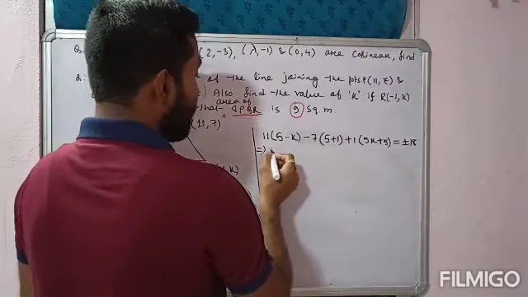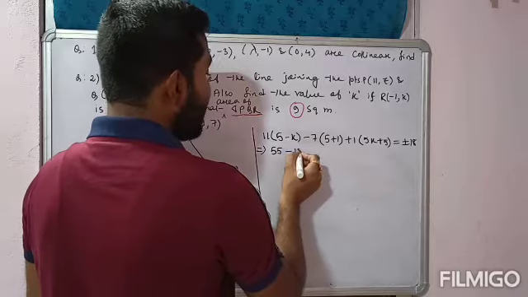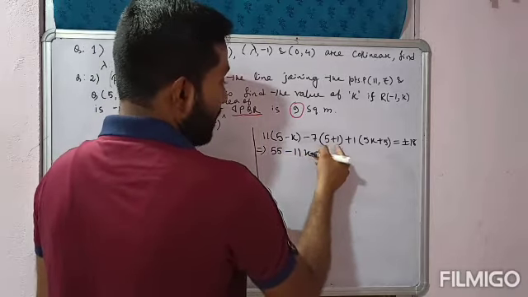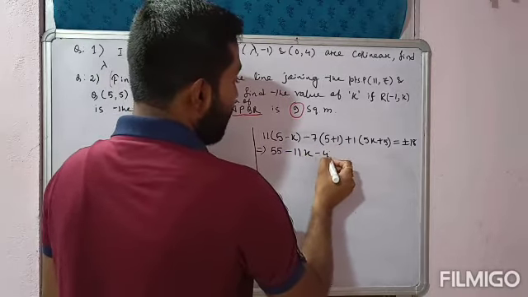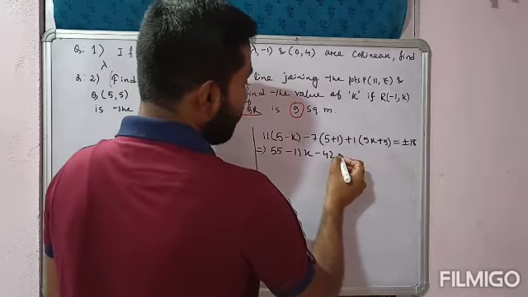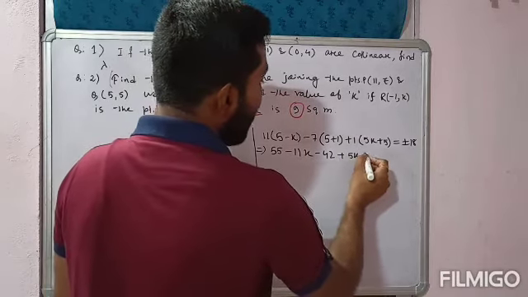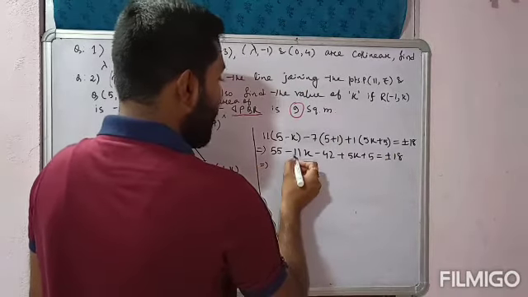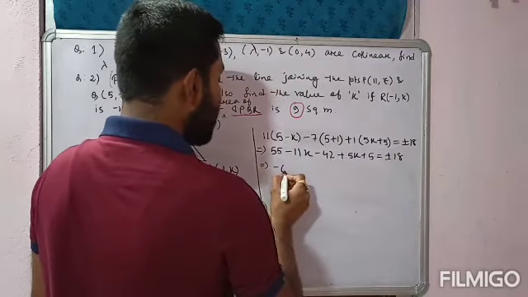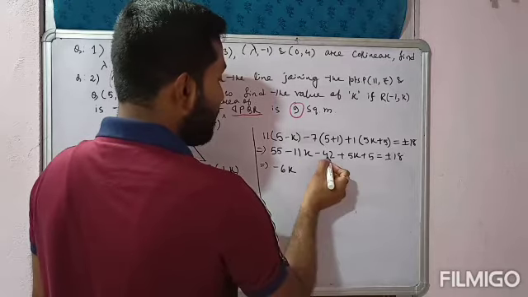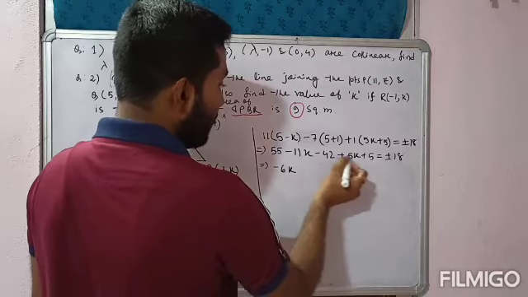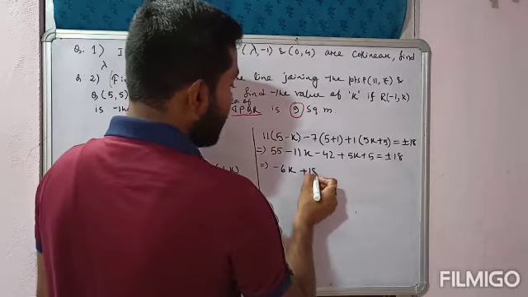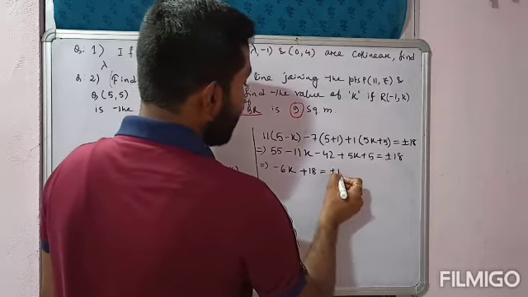Now expand it. 55 minus 11k minus 42 plus 5k plus 5, this is equal to plus minus of 18. Or minus 11k plus 5k, that is minus 6k, and 55 minus 42 plus 5, that is 18. This is equal to plus minus of 18.